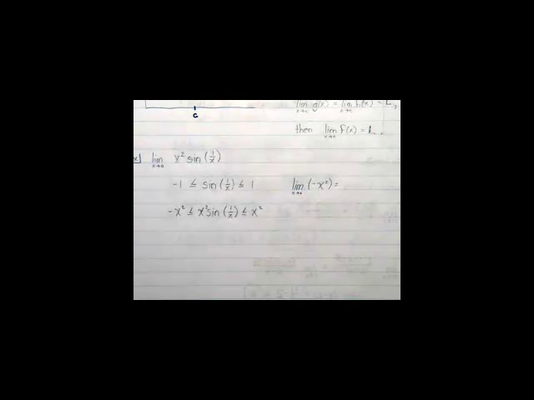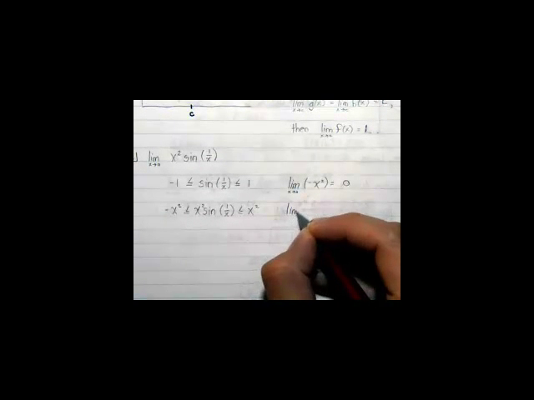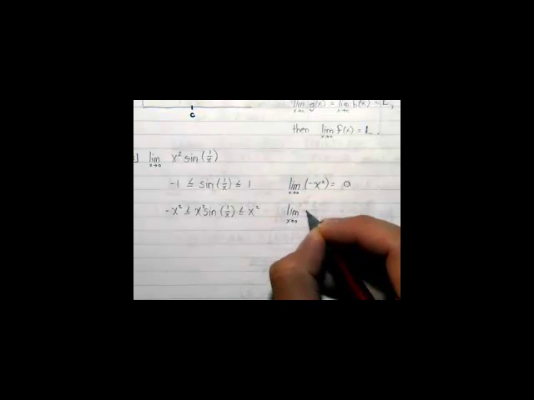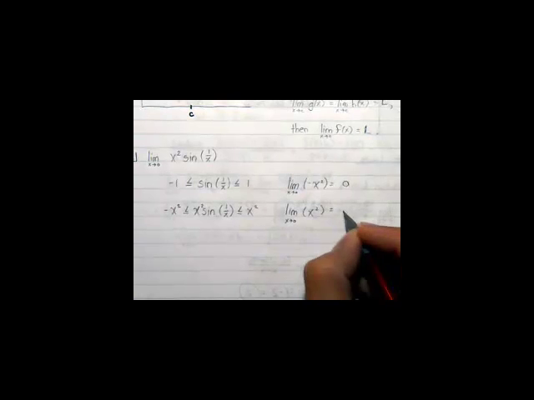Remember, what's the first thing you always try? Can I plug in a 0? Of course you can. It's just 0, right? Negative 0 squared? 0. And the limit as x goes to 0 of the other side, x squared? Also 0. So the function that's always above it comes out to 0. The function that's always below it comes out to 0.